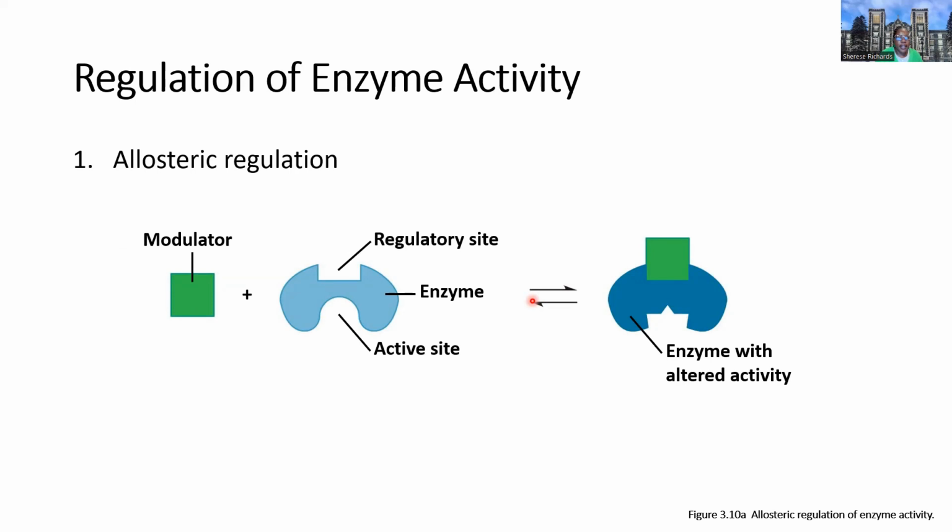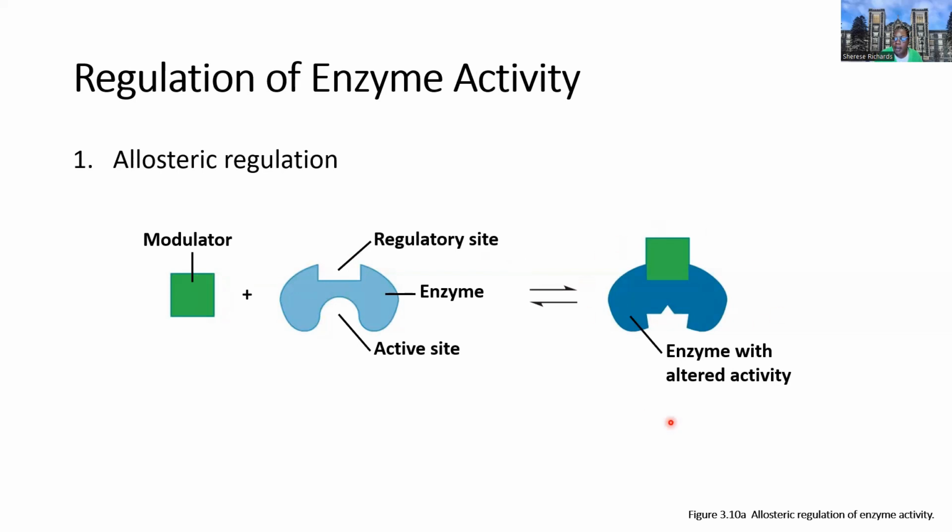This is basically turning an enzyme on or off with the binding of a separate site. There's the activation site, which is the site for the substrate or product to bind. And then there's a regulatory site on the enzyme, which means that some other modulating protein or modulating molecule can bind to the enzyme and can turn it on or turn it off.